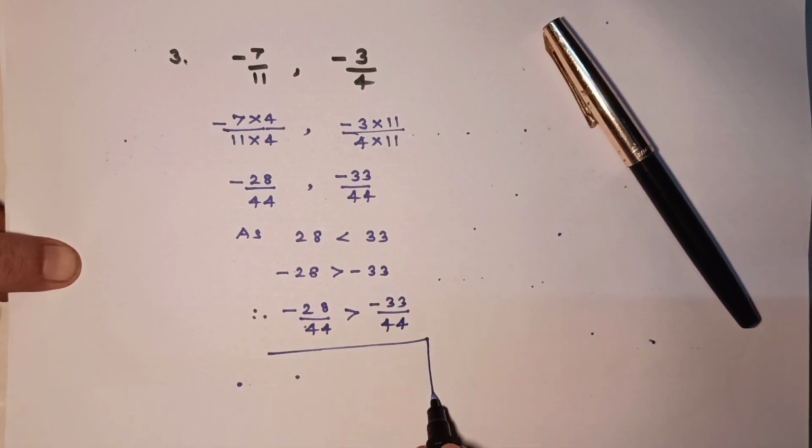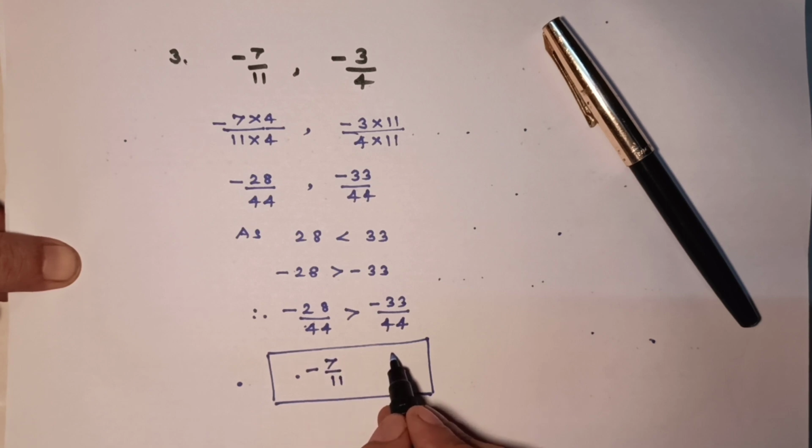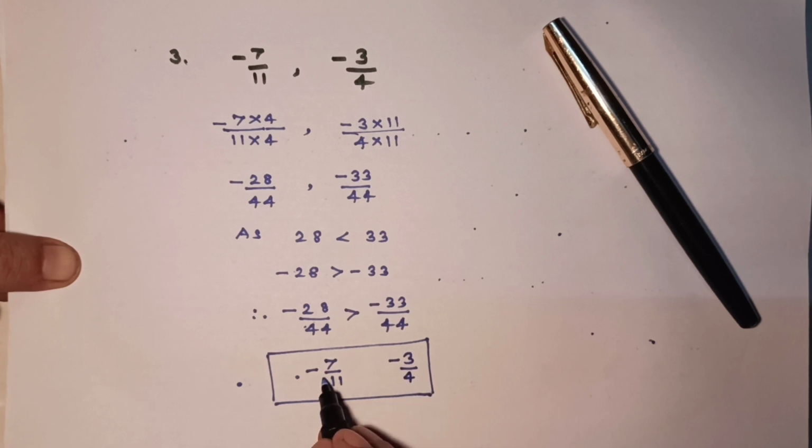That means your answer will be, this number is nothing but minus 7 upon 11, and this number is nothing but minus 3 upon 4. So minus 7 upon 11 is greater than minus 3 upon 4.